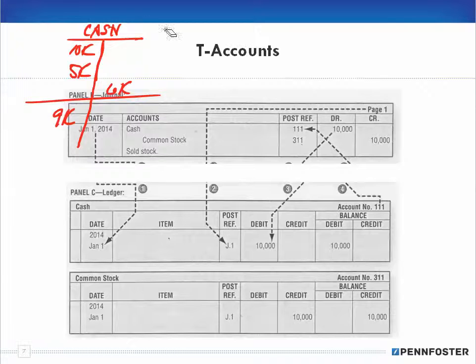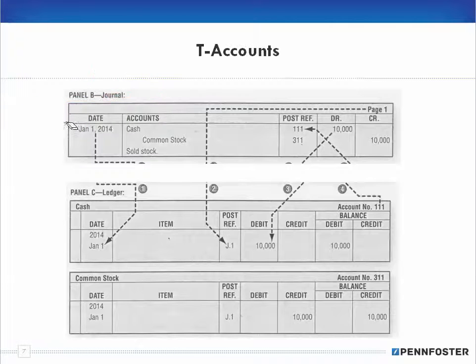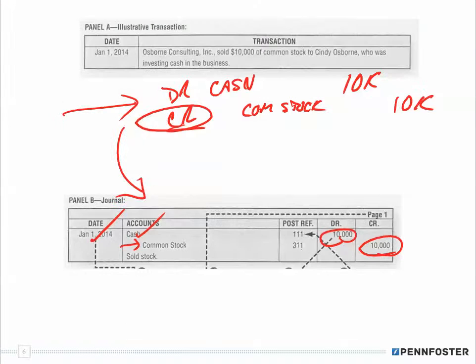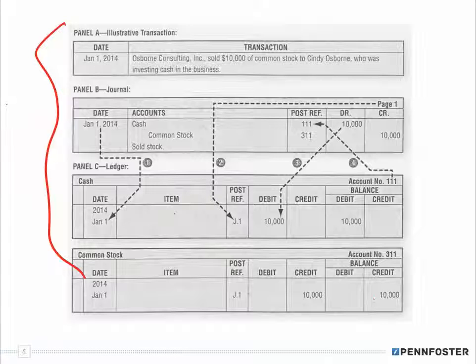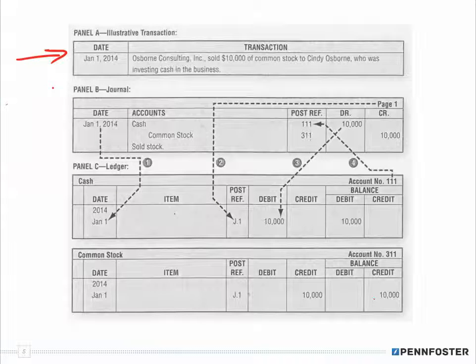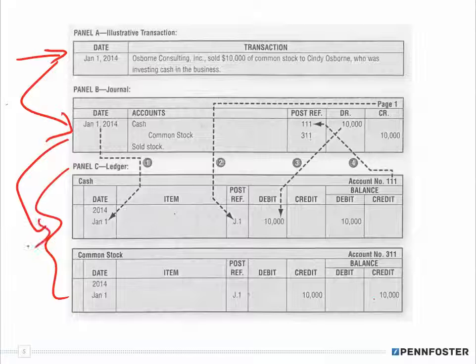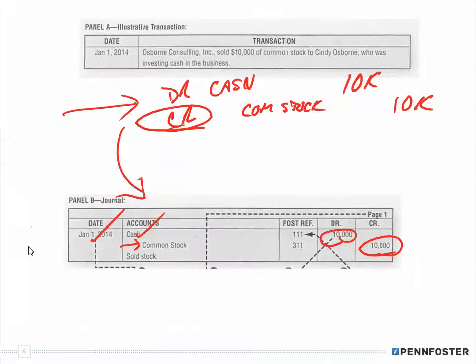So in the last video, let me jump up to the slide. In the previous video, you saw me work through the journal entry. How I wrote it into the journal, and then I posted it into the ledger accounts.